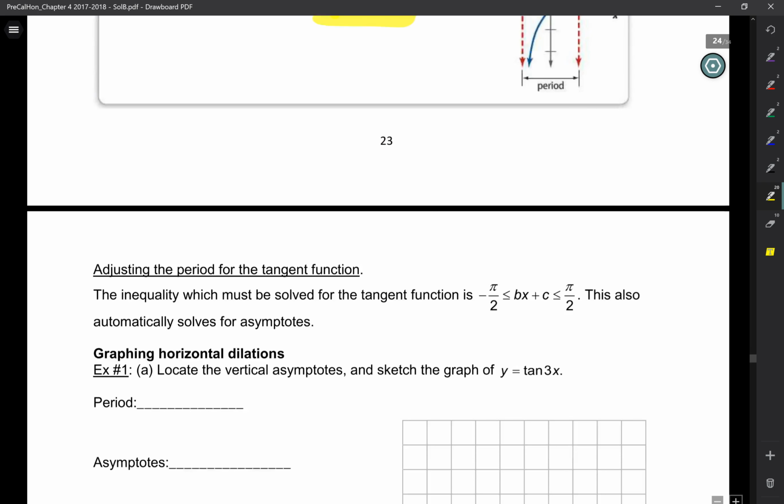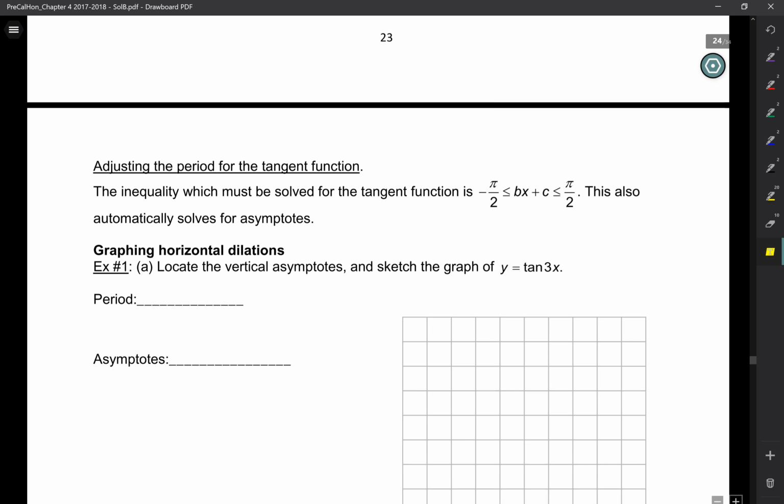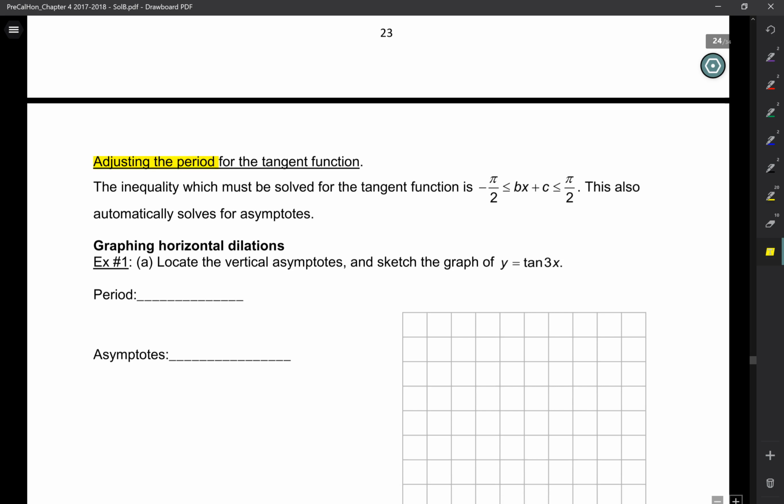All right, so let's take an example, and let's talk about what happens when we have to adjust the period for the tangent function. Remember, when we were solving an inequality for cosine, we took bx plus c, and that had to be bounded between 0 and 2 pi.